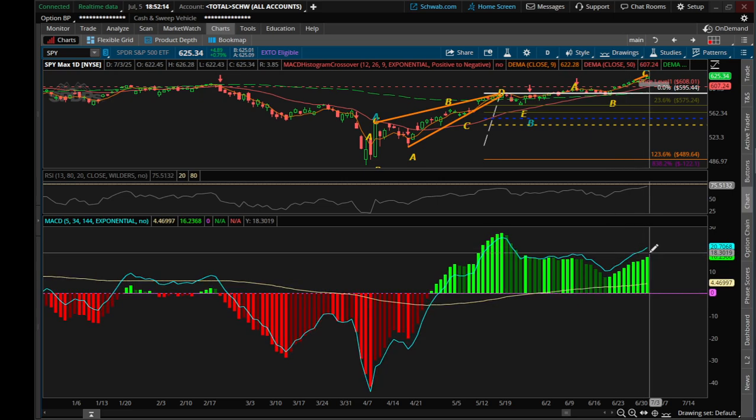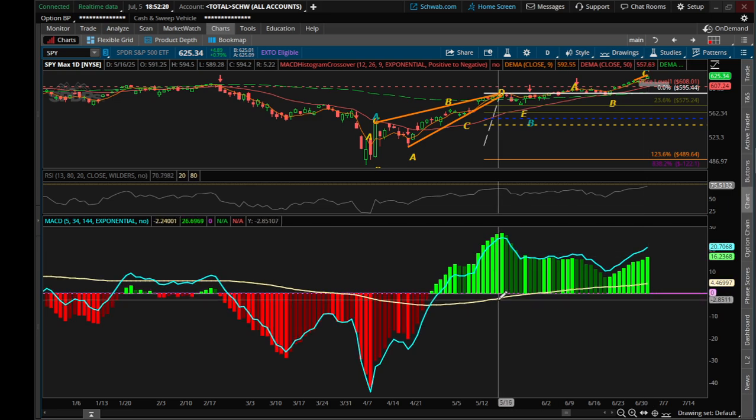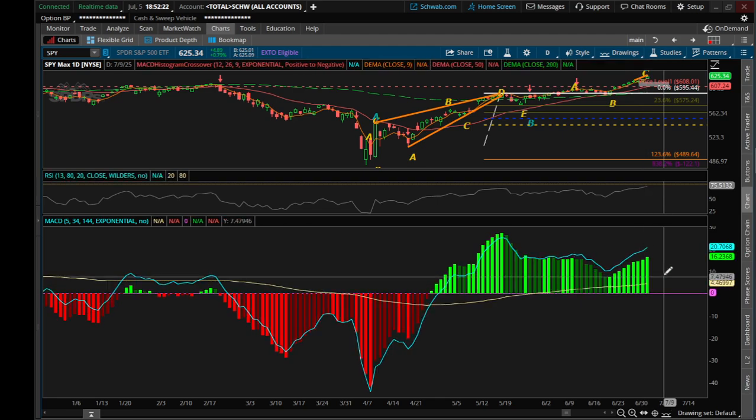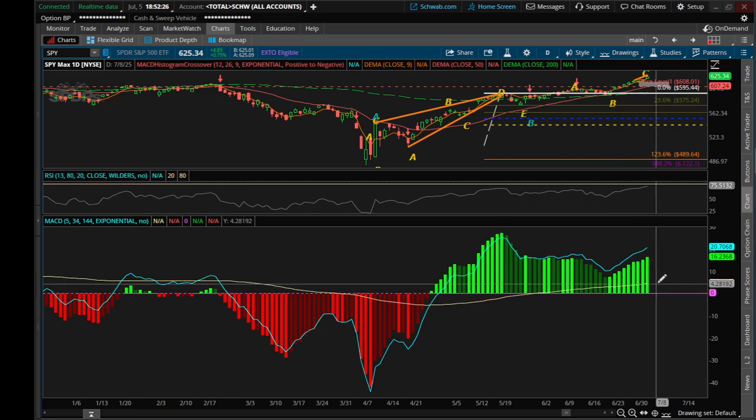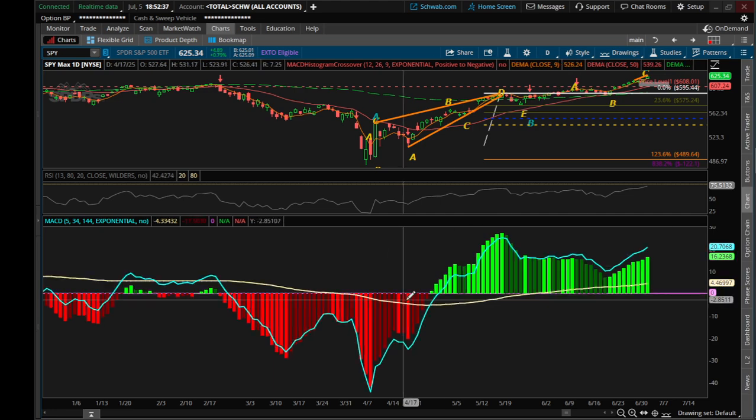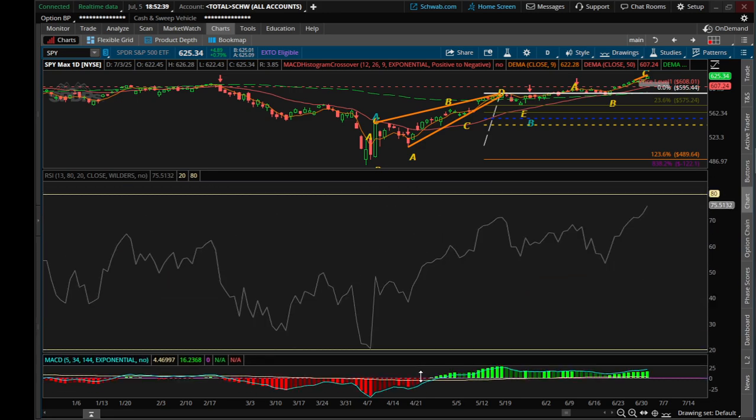So this is still telling me we could go further. Okay. So the signal line here, the long-term signal line, is also starting to, if you can kind of imagine drawing this line out, tear away from the zero line here. So anyways, let's see, what else is there?